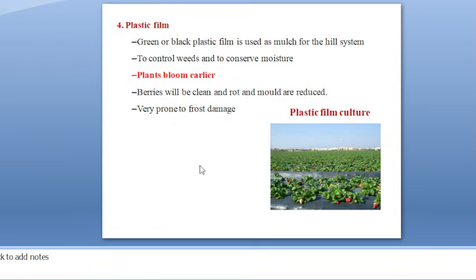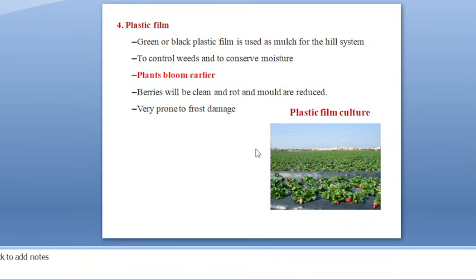Another system is spaced rows, where there is less or moderate production of suckers or runners, and where there is less planting material availability, we can follow spaced rows. At equal distance we are allowing the plants, and this helps in getting daughter suckers or runners in an equal manner.